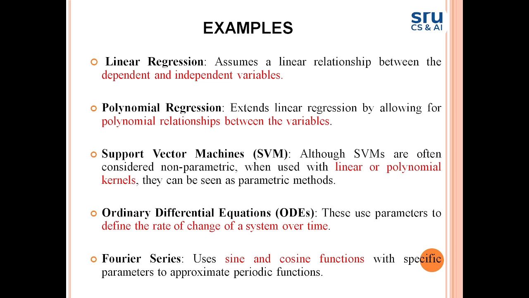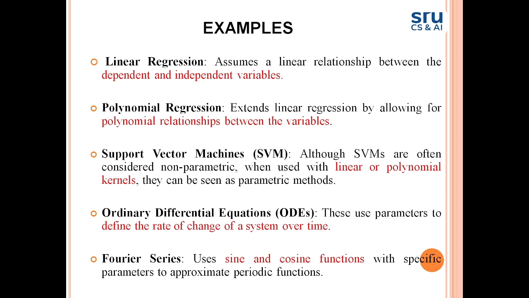What are the different examples? First of all, linear regression, which assumes a linear relationship between dependent and independent variables. Then we have polynomial regression, which extends linear regression by allowing polynomial relationships between the variables.